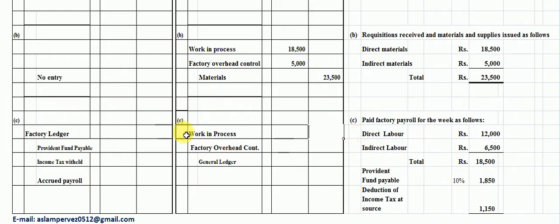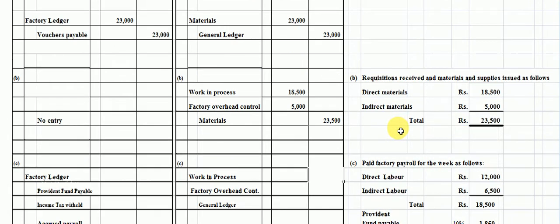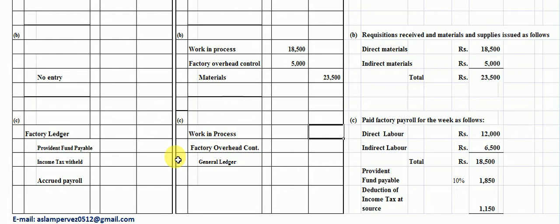Students, in the book of head office, the head office will debit factory ledger in its account as gross payroll 18,500 rupees, and the provident fund payable is 10% of gross payroll, which is the amount 1,850 rupees here, as a credit, 1,850 rupees here, and the income tax withheld, which is the amount 1,150 rupees.